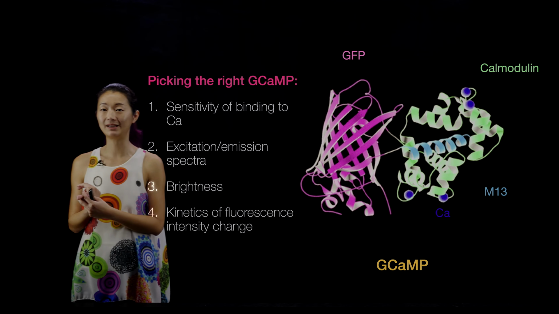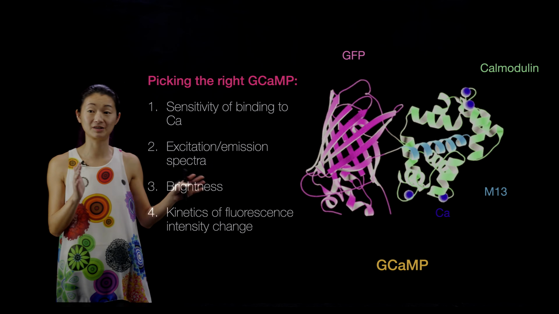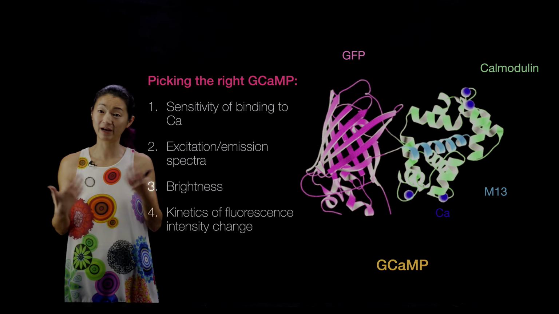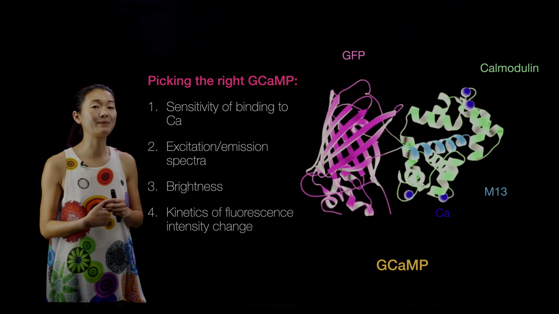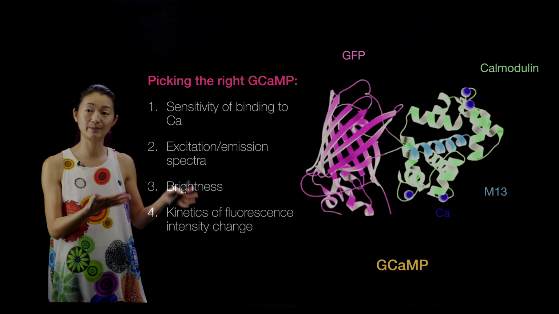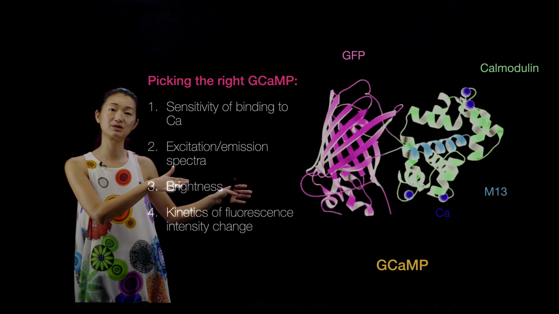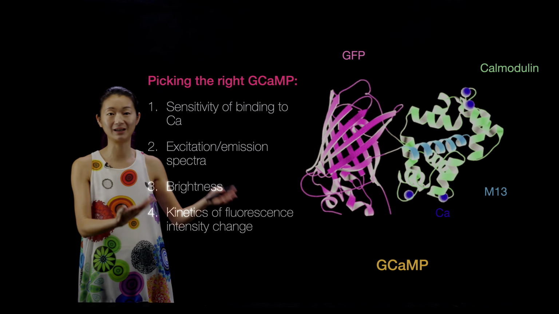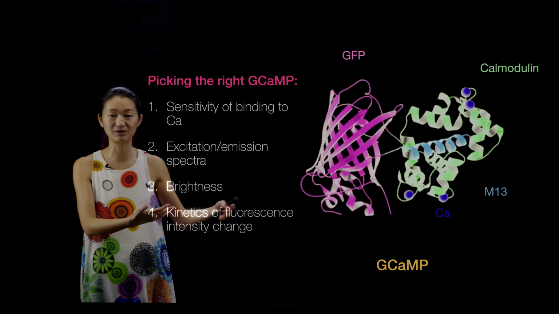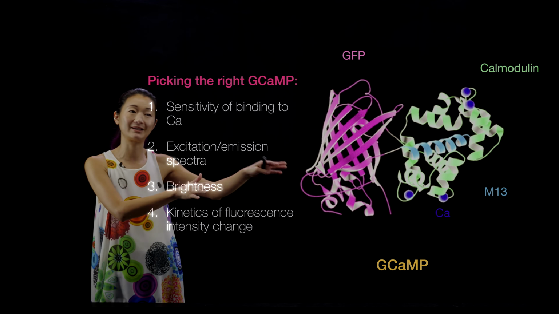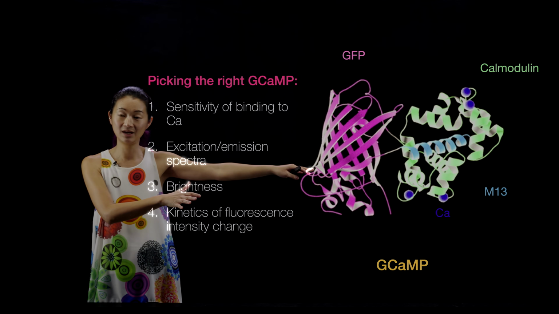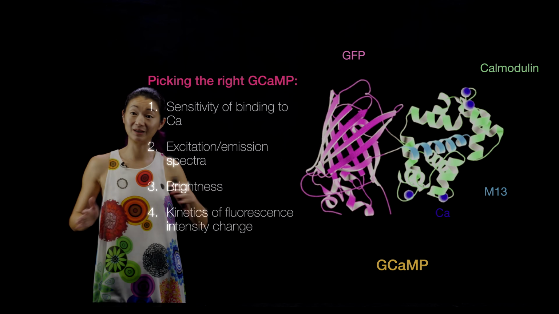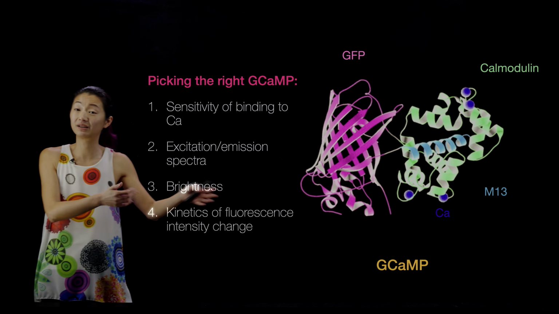You might want something that is very sensitive and binds to calcium easily, so it's a more sensitive measure of calcium influx. You might be paying attention to the excitation and emission spectra I told you about earlier. There are different versions that we can pick. So there's not just GFP, but there's YFP and red fluorescent protein, different versions of GFP that can be glued to calmodulin to yield GCaMPs of different colors. So you can pick your color.